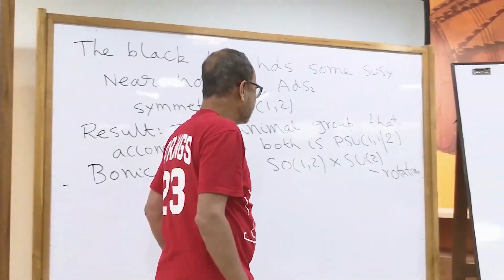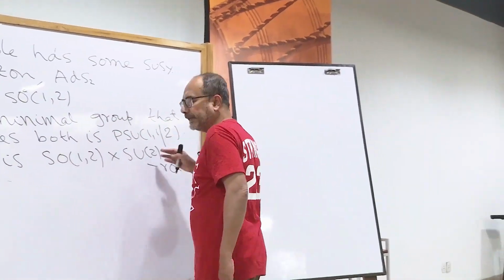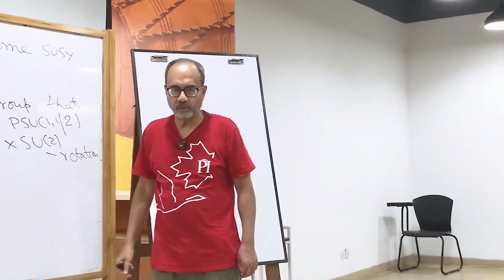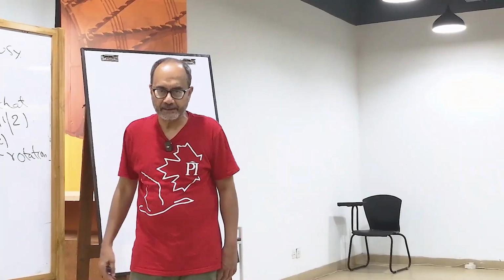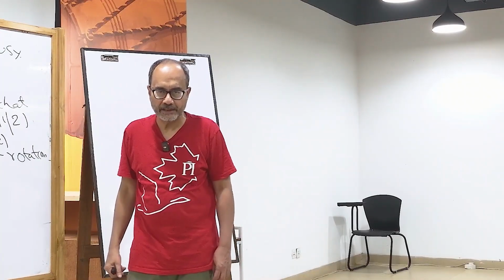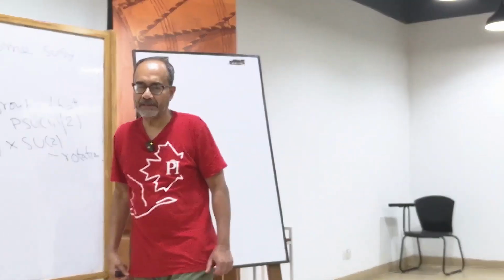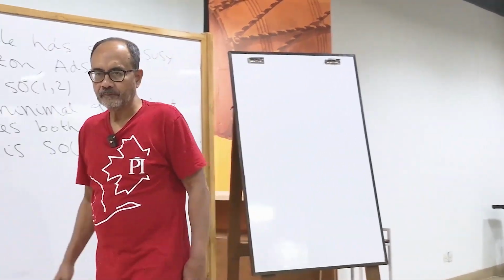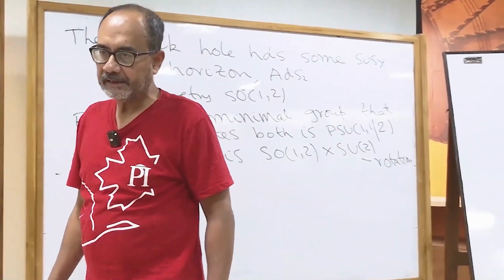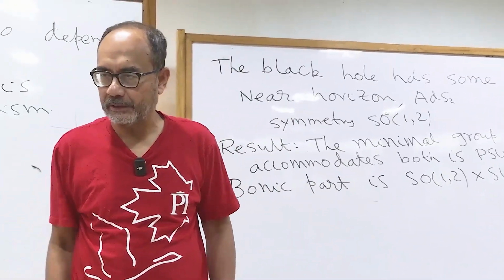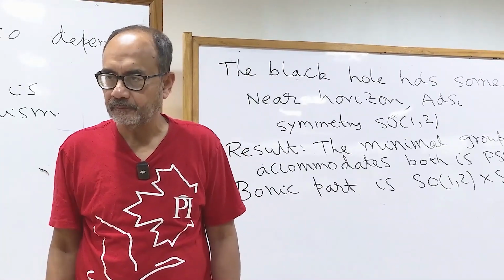This SU(2) is a reflection of the result SO(3). SO(2) is the same as SO(3), right? As an algebra, there is no difference between SO(2) and SO(3). Not as a group, but as an algebra. SO(2) has one extra element compared to SO(3), but as an algebra, they are the same.